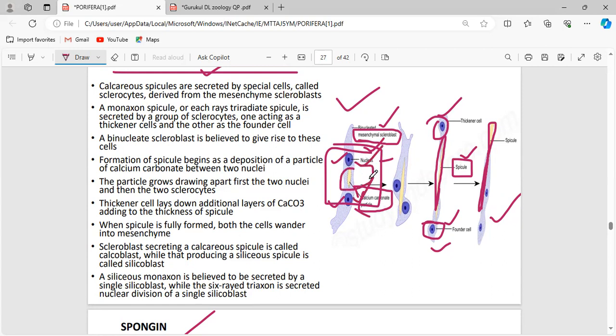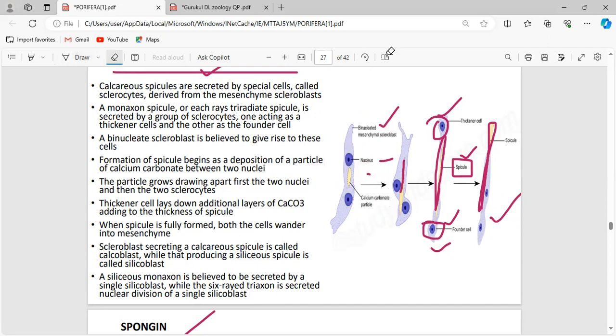It is a calcium carbonate particle, but after some time this calcium carbonate will elongate and give rise to the structure called the spicule. And this spicule will reach the tip.